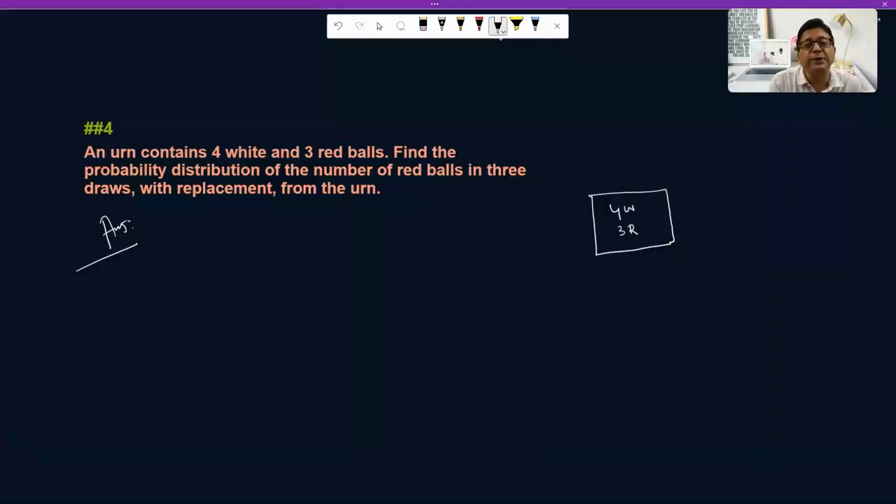3 red in total. So, if we write x, the value of the random variable, in the first row, it can take 0, it can take 1, it can take 2, it can take 3 also.